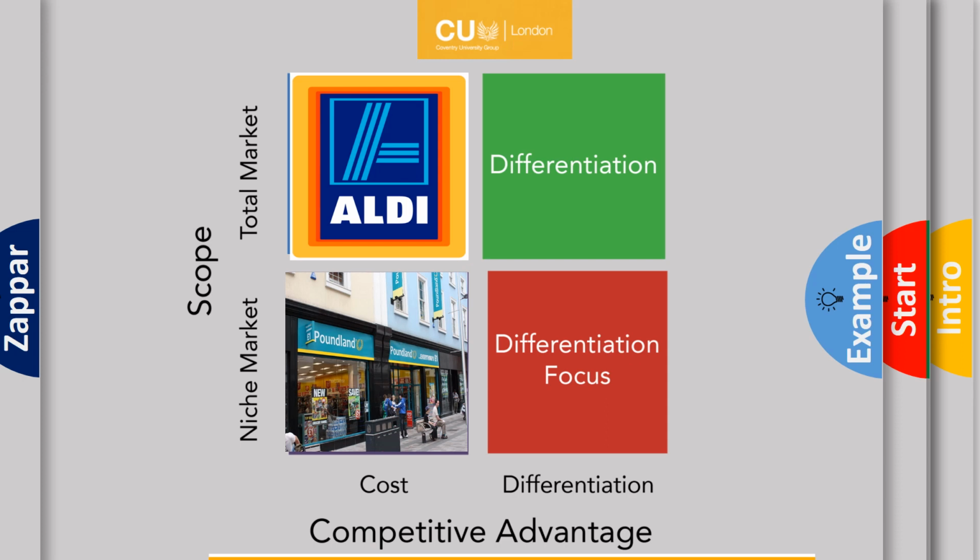It doesn't have the whole range as Aldi has, and their whole strategic positioning is about all their products being under £1. And so when Poundland buy their stock, they buy it so they can make the gross profit margin that they require.